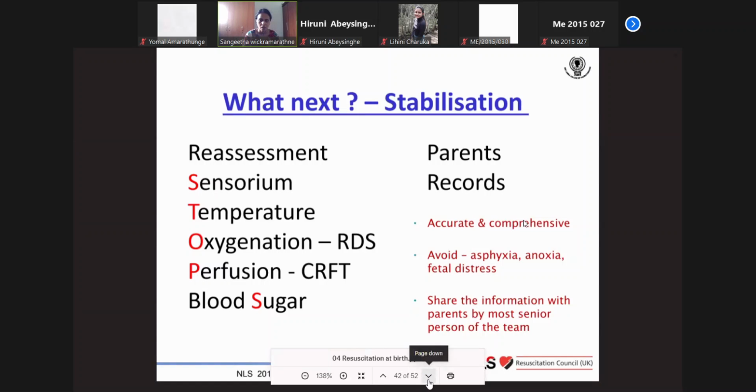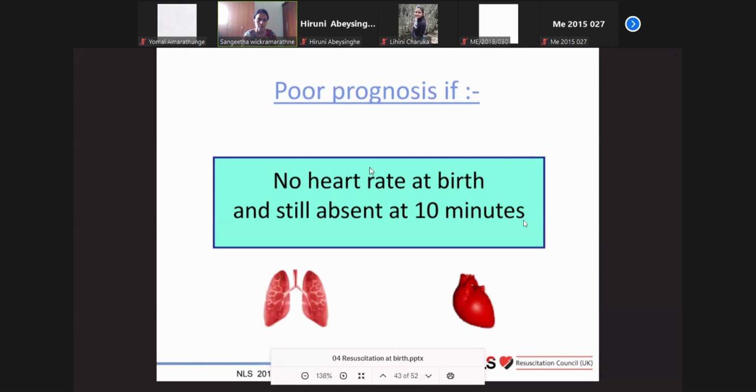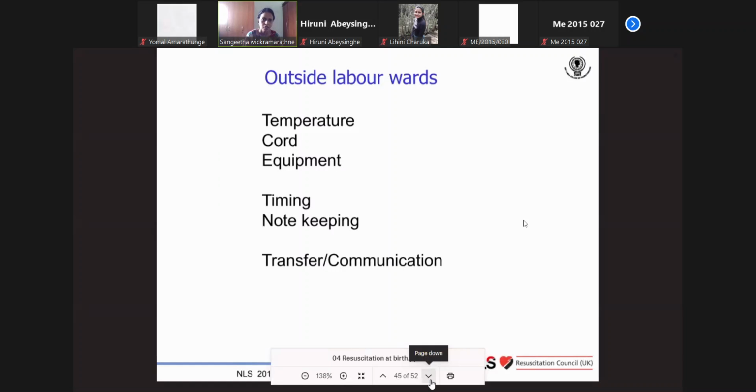In times to come, you might have to go to court, right? Sometimes if you are working in a foreign country, you definitely need accurate record keeping. Right? I told you, poor prognosis if there is no heart rate at birth and it is still absent at 10 minutes. Therapeutic hypothermia, I don't think you have to know at this point.